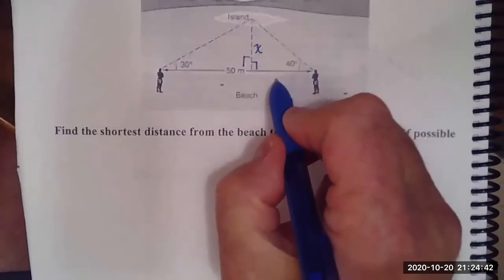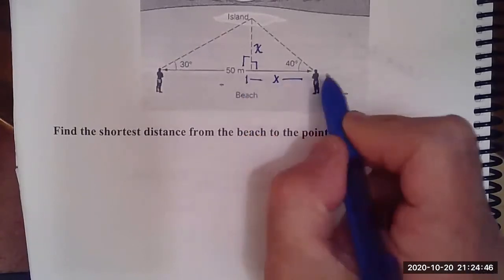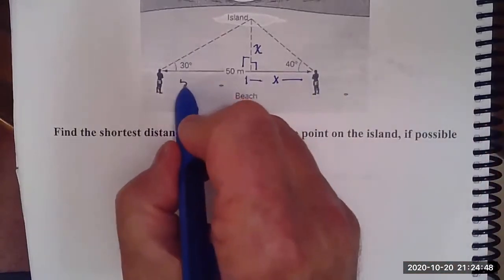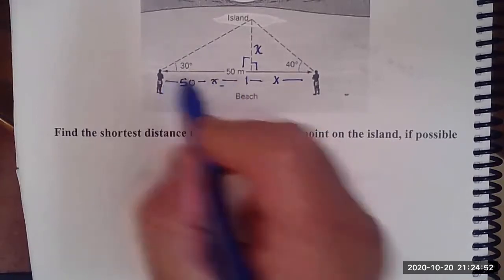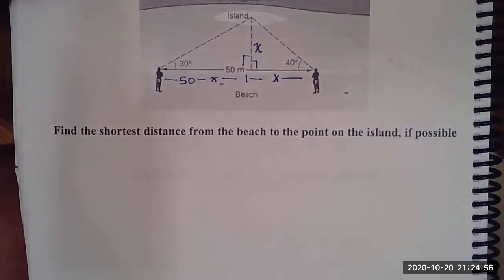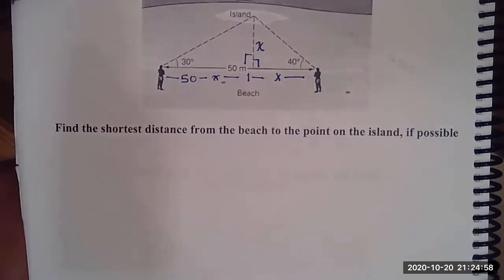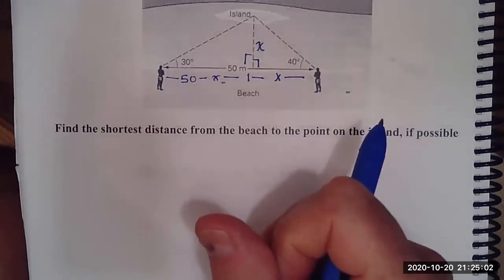So the idea might be, let's let this be x from here to there, and this would be the leftover of 50. Now I'm going to create two equations. There are two unknowns, but two equations, and you'll see how I make this work.